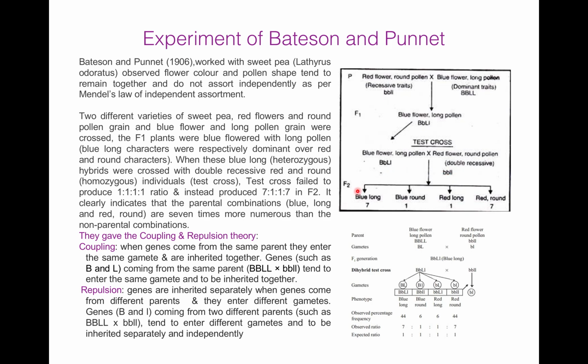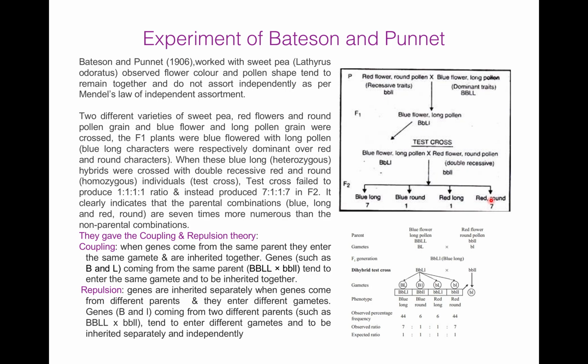Then what did they get? 7 blue long pollen plants, 1 blue round pollen plant, 1 red long pollen plant and 7 red round pollen plants. So the test cross failed to produce a 1:1:1:1 ratio.